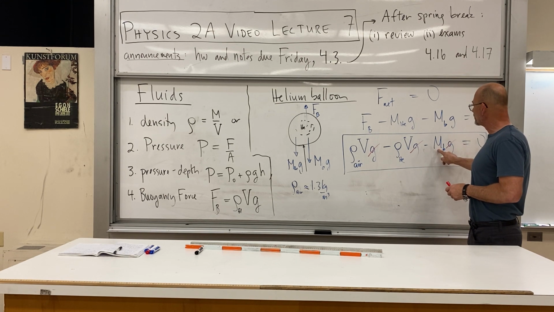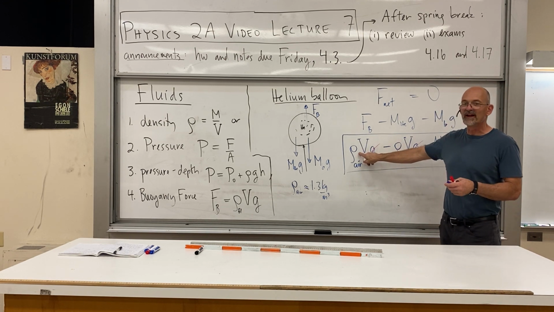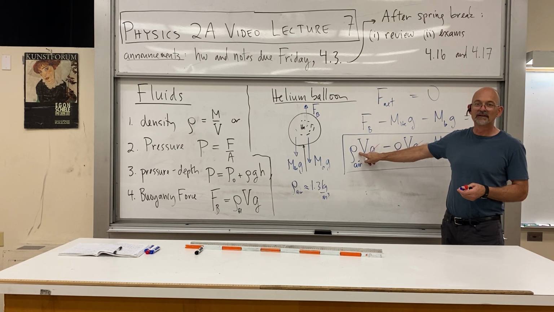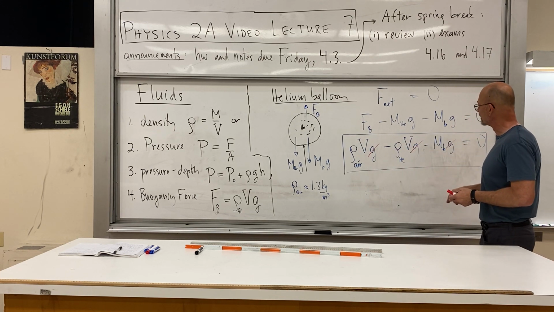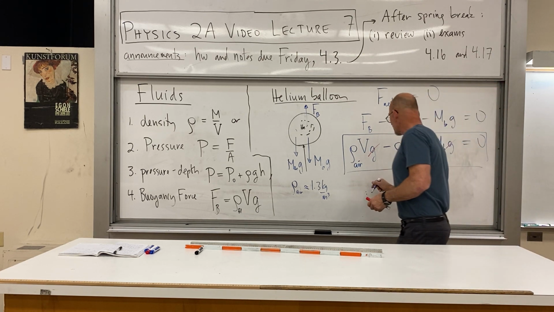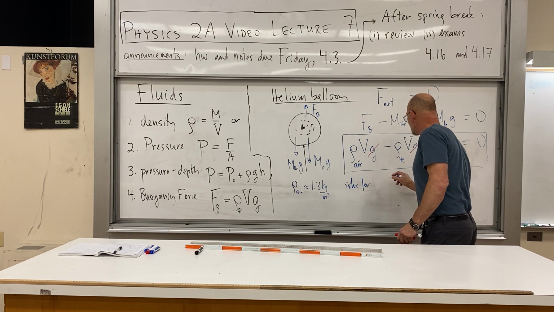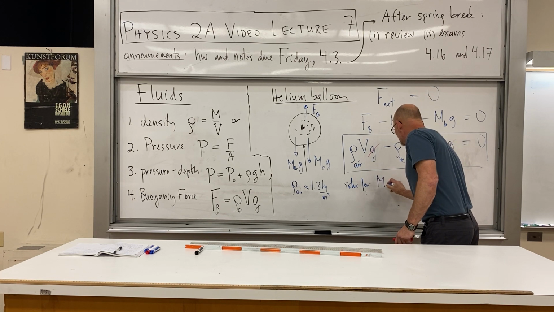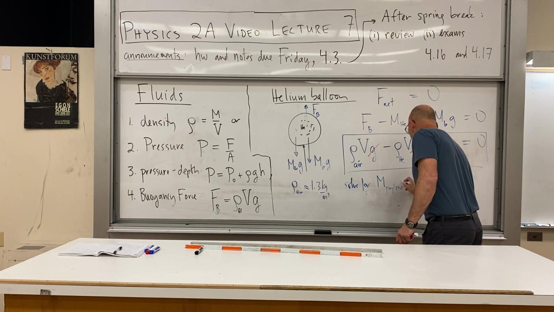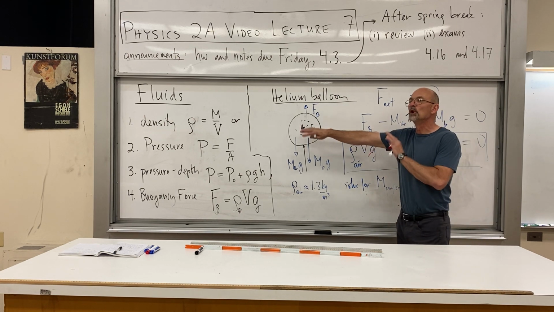Given a payload, we could say, well, how big does the balloon have to be in order to lift that payload? So maybe I'll put that down as a note. Solve for M, I'll call it payload. Of course, the payload includes the mass of the balloon itself.